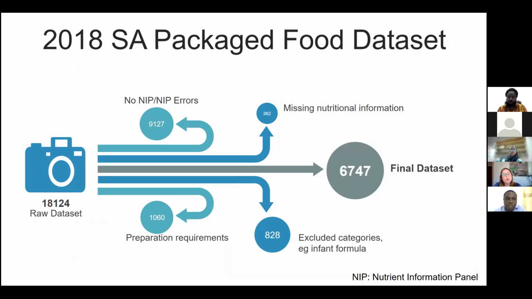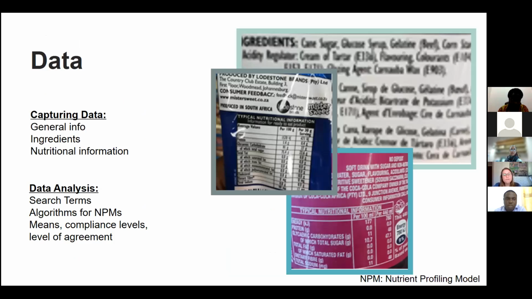However, as it's not required by law for products to have nutritional information in South Africa, we had to exclude a large number, and our final data set was 6,747 products. From these photographs, we were able to extract nutritional information, ingredients lists, and other general information, which we could then use to analyze data based on various nutrient profiling models.